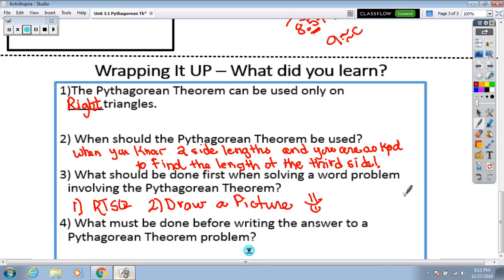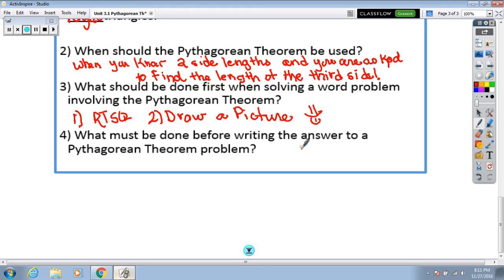Number 4, what must be done before writing the answer to a Pythagorean theorem problem? Well, you should have put determine how to round your answer.